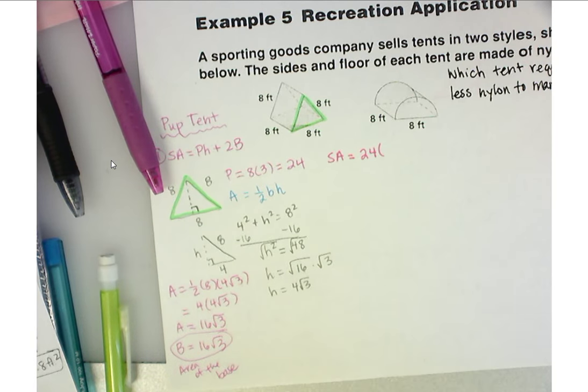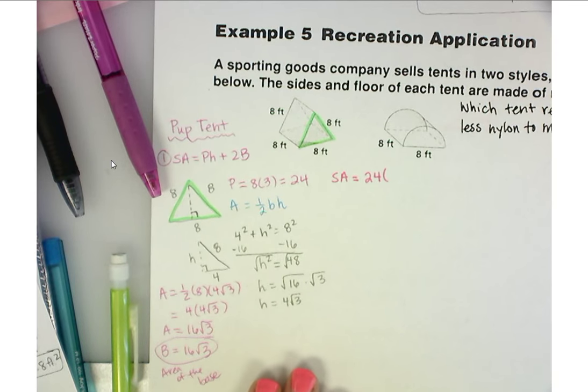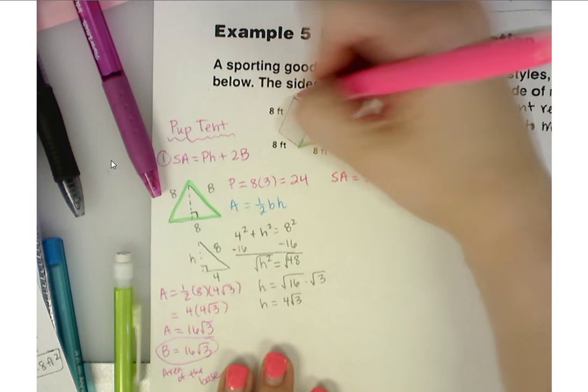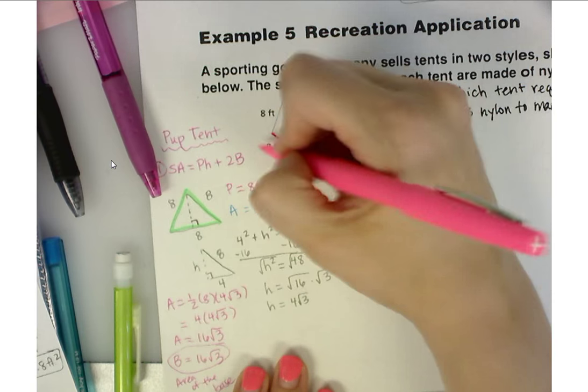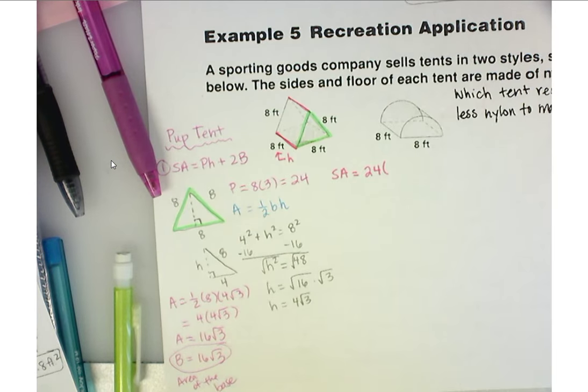So what is the height of this tent? So remember, the height goes from what to what? Base to base. Yep, so it'll be 8, because it'll be this part right here. Okay, so this is going to be the height. Okay, so it's okay that the height is not going up and down. It's okay that it's not vertical.